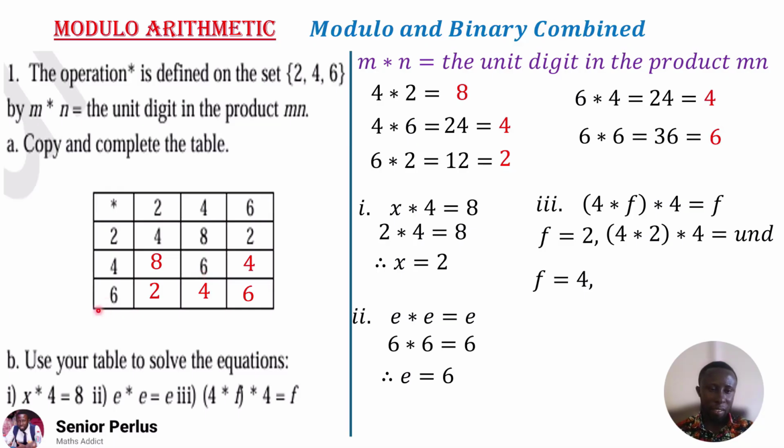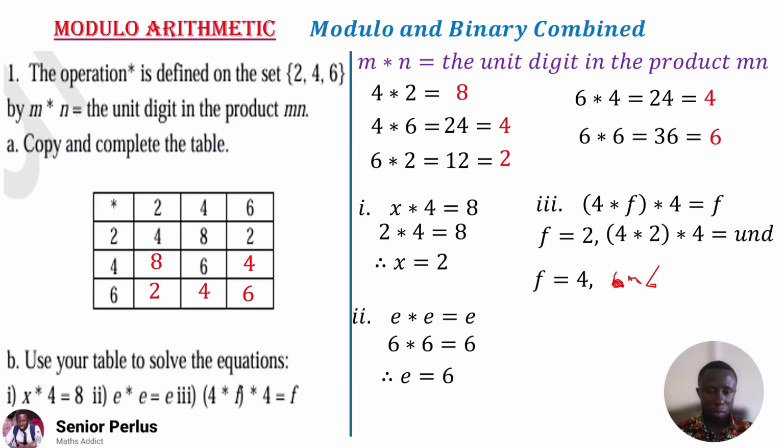Then 6 here, star 4 is 4. So you are saying that 4 star 4 is 6. Then the 6 star 4 is 4.